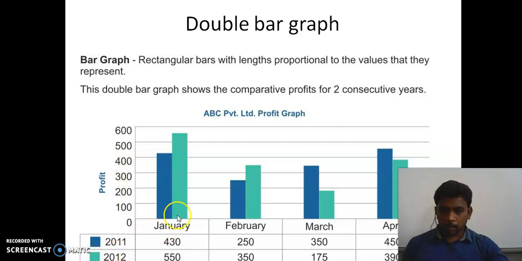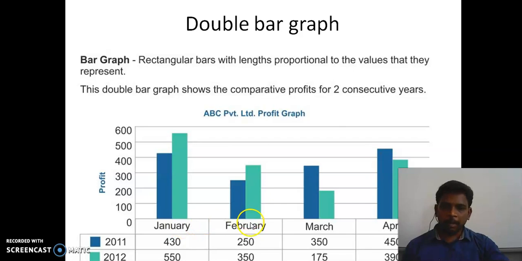And in 2012, in the same month January, it is above 500, that is between 500 and 600. That is the information here, right? So when we compare both years, in January, 2012 got more profit here.